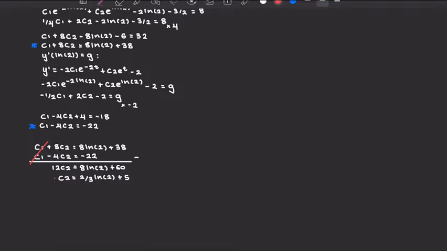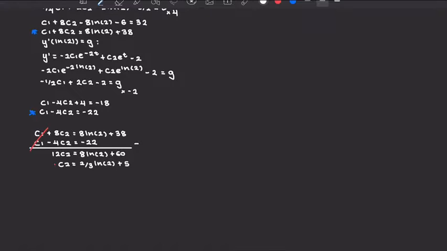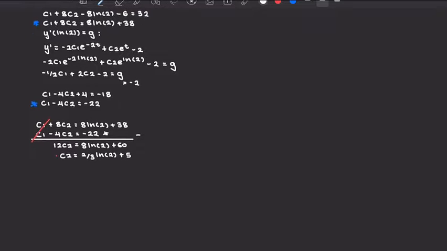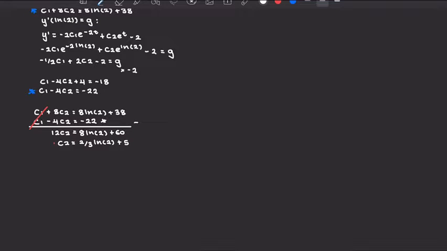Let's mark this down. And let's just plug in our C2 to our second linear equation right here because it's the easier one than the first one. We don't need to do much more arithmetic operations on it. C1 minus 4 times the C2 that we get, 2 over 3 times ln 2 plus 5 equals negative 22.